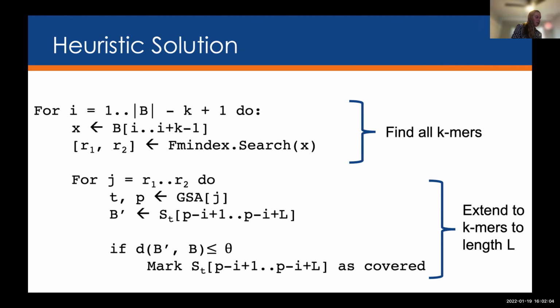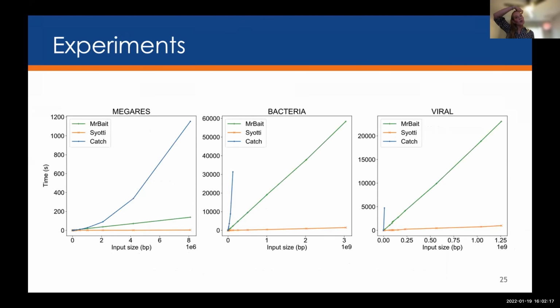We implemented this algorithm. We refer to it as SWATI because, and I'm probably pronouncing this incorrectly, it's Finnish for the word bait. We ran our method against 3 different, increasingly large databases. The first one is MegaRes, which is an AMR database.